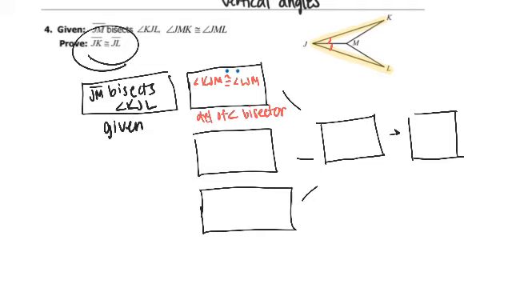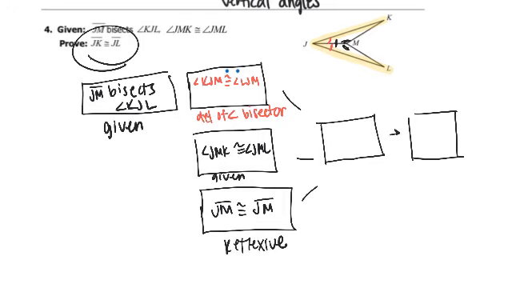And then we still have another given, so angle JMK is congruent to angle JML. That's given. So those angles are congruent. And then we can say JM is congruent to itself by the reflexive property.